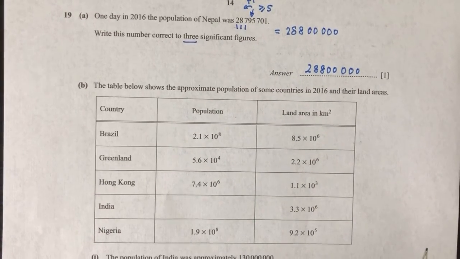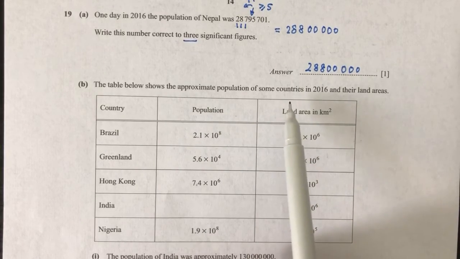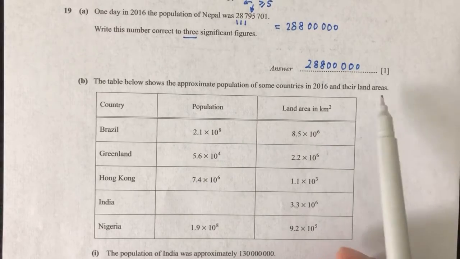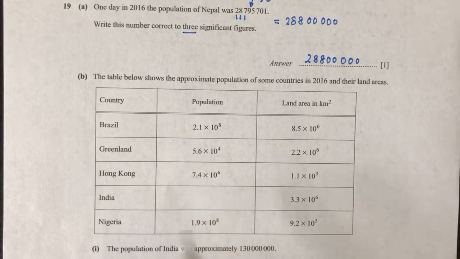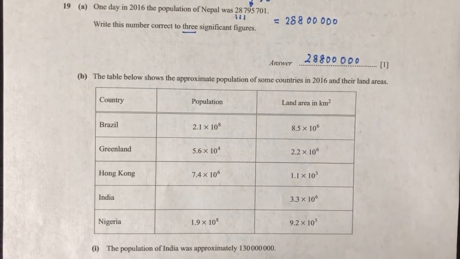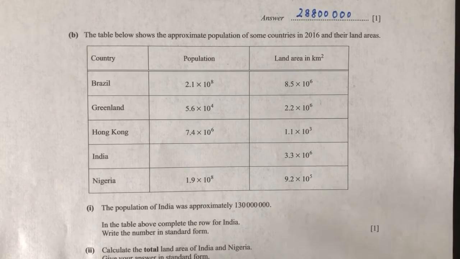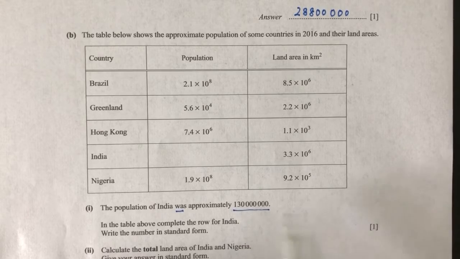So now moving on to part B. The table below shows the approximate population of some countries in 2016 and the land areas. So we have the countries Brazil, Greenland, Hong Kong, India, Nigeria, and this is the population and this is the land area in km square. Question part 1. The population of India was approximately 130 million people.